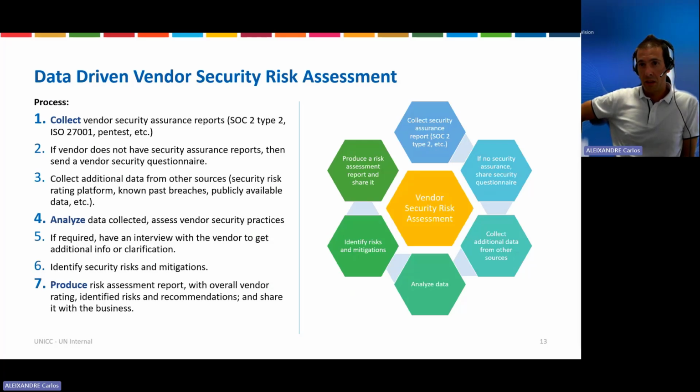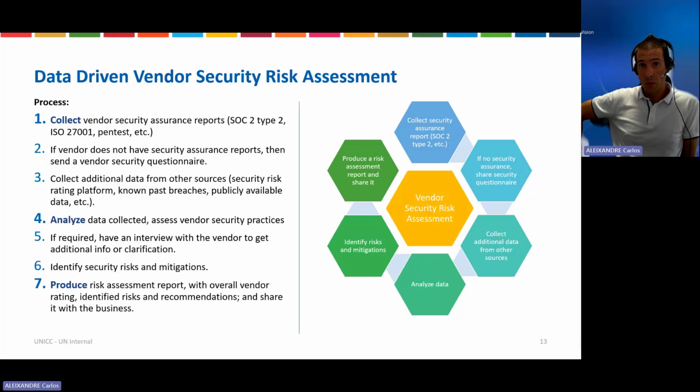The process is quite simple. The first step would be to collect the vendor security assurance report, right? Again, this will be based on the categorization of our suppliers and based on the due diligence that we have determined for that particular supplier. But thinking that this is a normal or a critical supplier, I would say that first we need to collect the vendor security assurance report, okay?